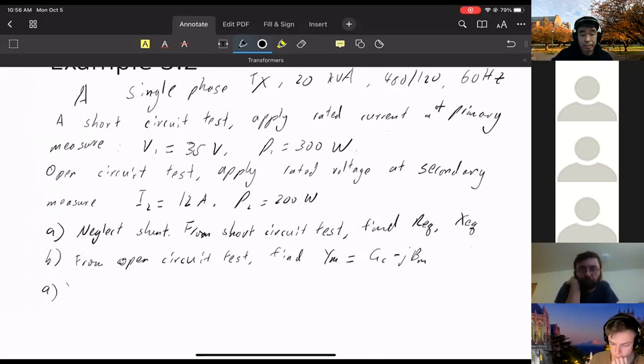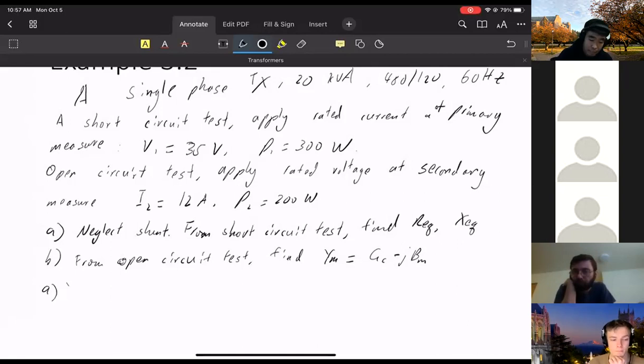The question doesn't give you the current rating, it gives you the voltage and the power rating. So I have rated power and rated voltage. How do I compute the rated current? The rated current is just the power over the voltage.